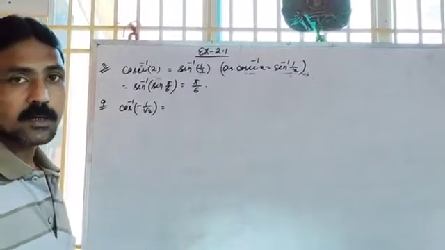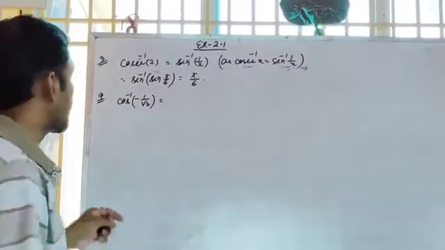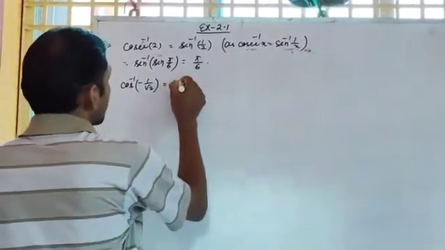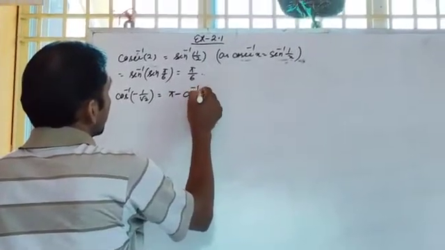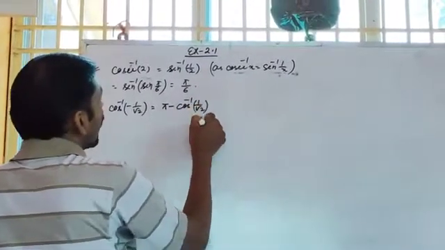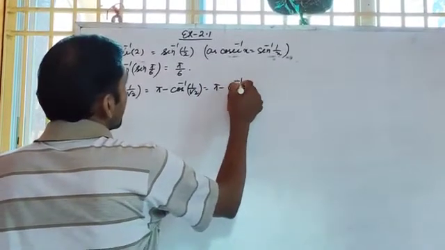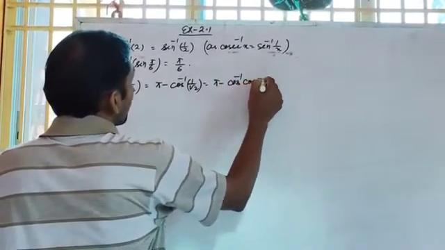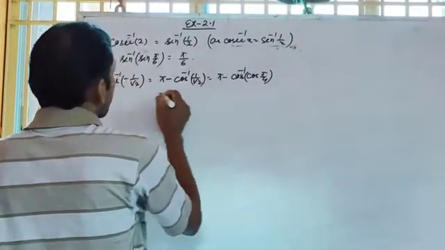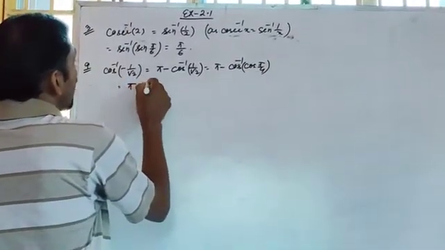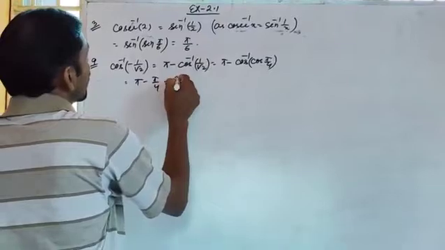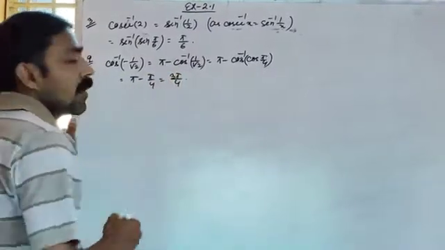Cos inverse minus x is pi minus cos inverse x. So you can write it as pi minus cos inverse 1 by root 2, and cos inverse 1 by root 2 is cos pi by 4. So this is pi minus pi by 4, that is 3 pi by 4.